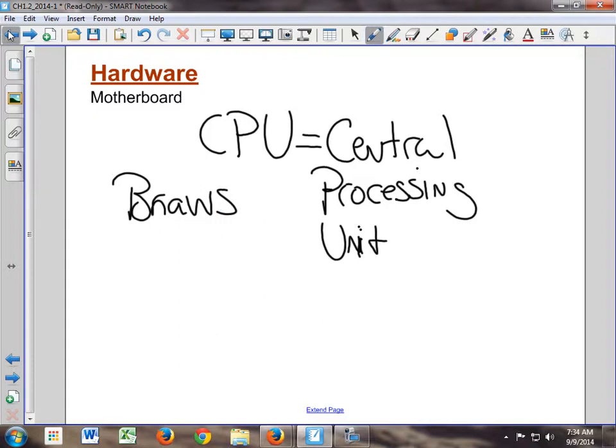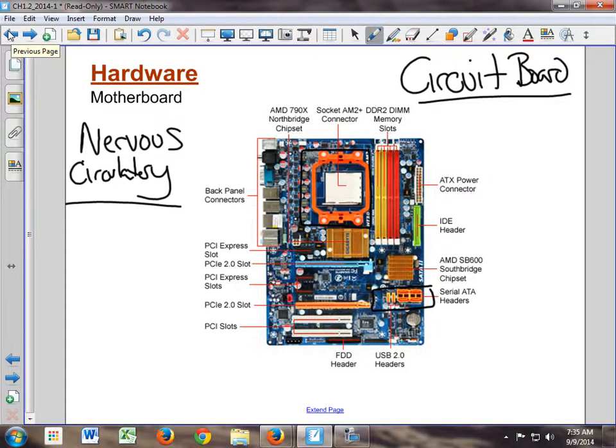And the motherboard has a specific socket that holds it. There's a bunch of different kinds of sockets, which define a whole bunch of different kinds of CPUs. And it's always laid out a specific way, and we'll talk a lot more about motherboards.